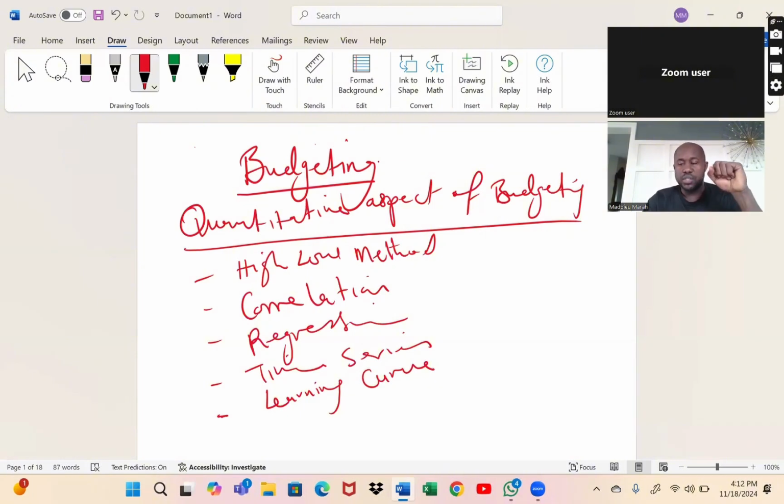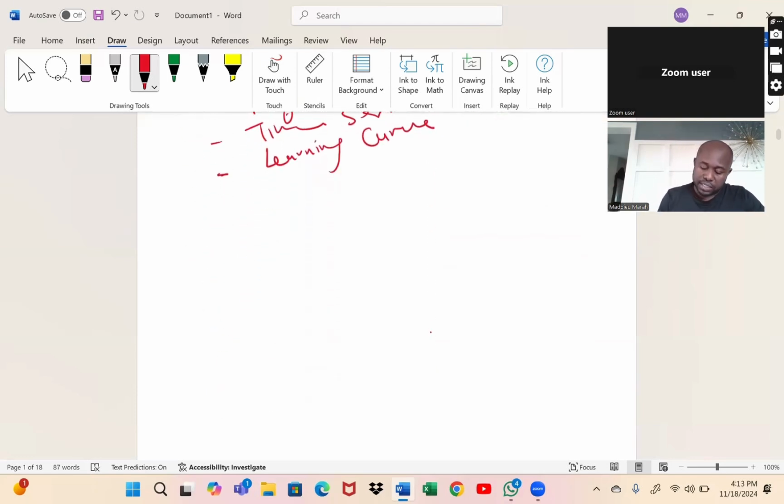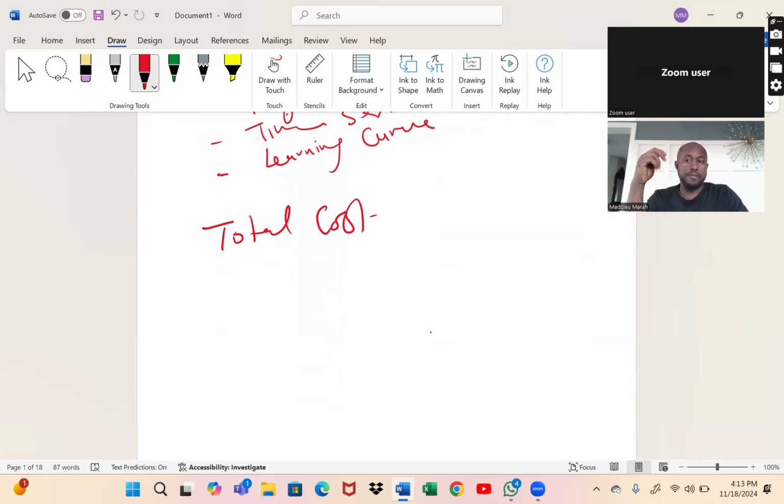And most organizations, we have mixed cost. What is mixed cost? Now we need to understand, let me start with total cost. Total cost. For a company to be highly competitive, for a company to understand their finance perspective, in the first place you need to understand your cost.